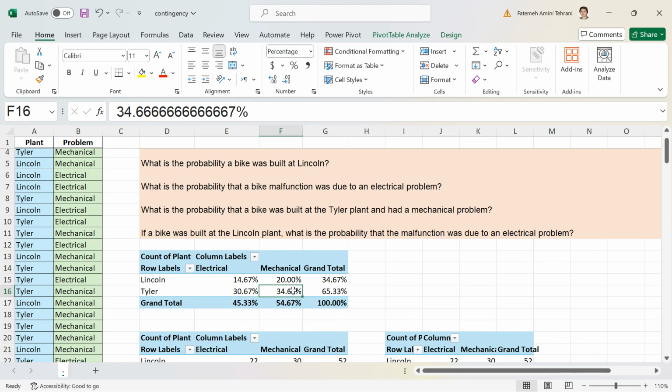And 34.67% is the joint probability, the probability that a bike has a mechanical problem and it was built in Tyler plant.